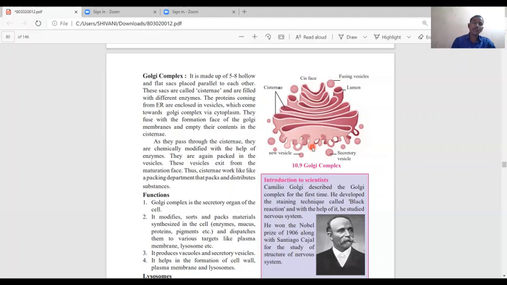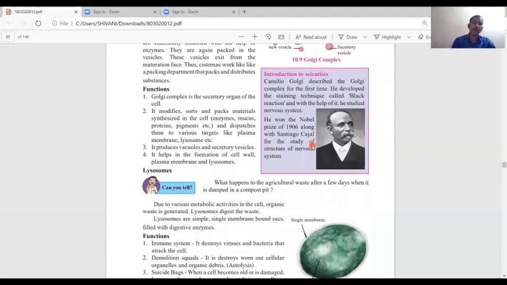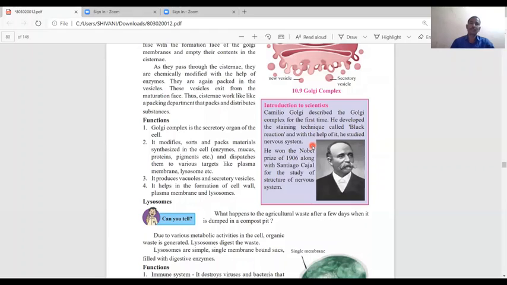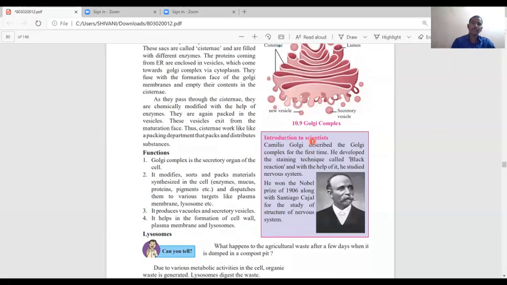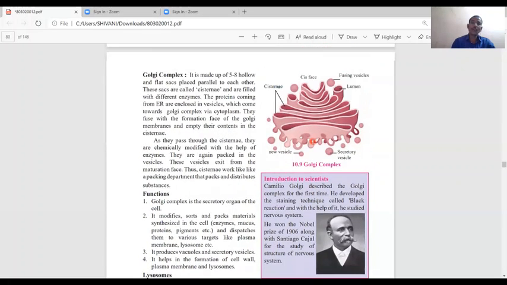Now, the functions of the Golgi complex. The Golgi complex is a secretory organ of the cell.